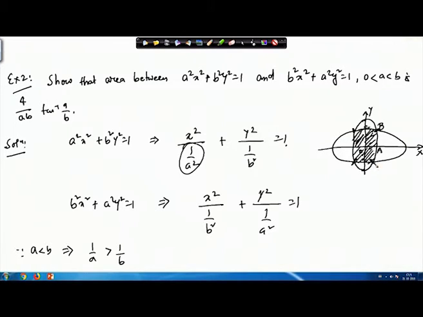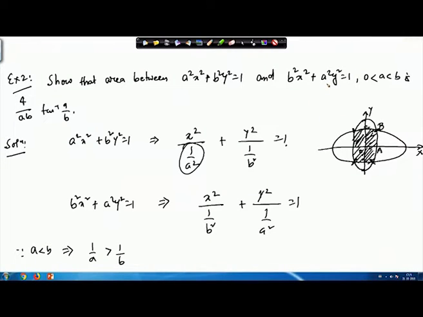And if you solve these two equations, it will surely give you 4 different points of intersection, because once you substitute the value of x here, you get 2 values of y, positive and negative.